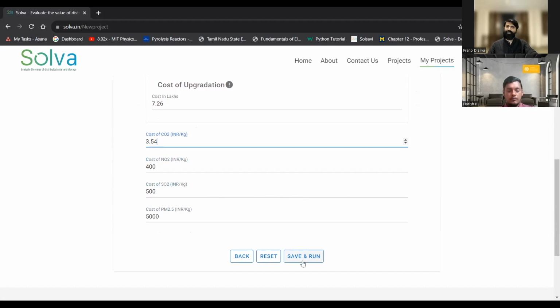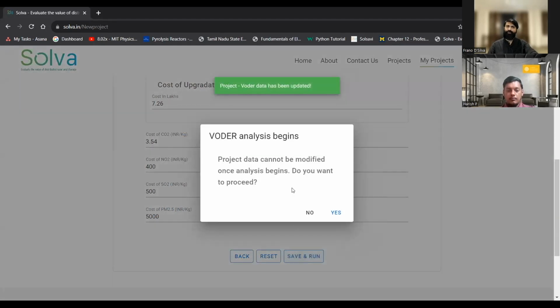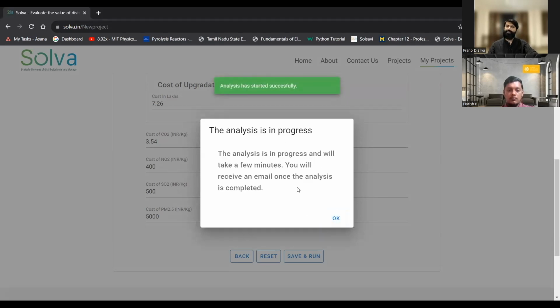To proceed further, you click Save and Run, and we have a pop-up saying that the data cannot be modified and the analysis will begin and asking us, do you want to proceed? Once we click yes, it again informs us that the analysis will take some time and you will receive an email on the registered email ID once the analysis is complete.